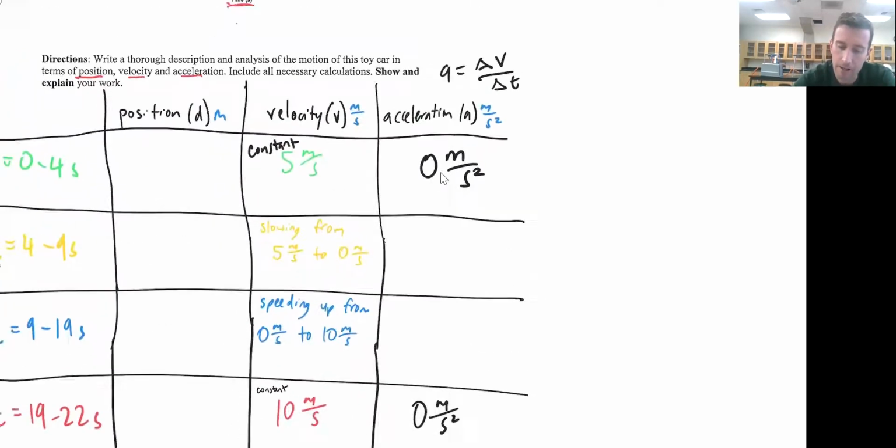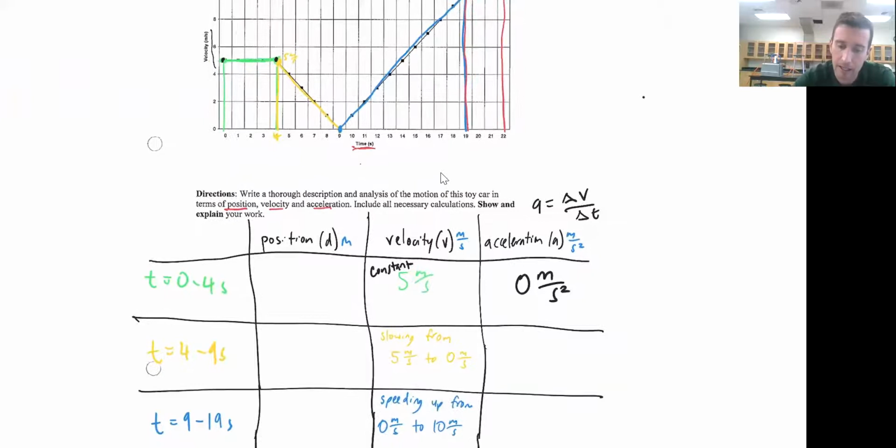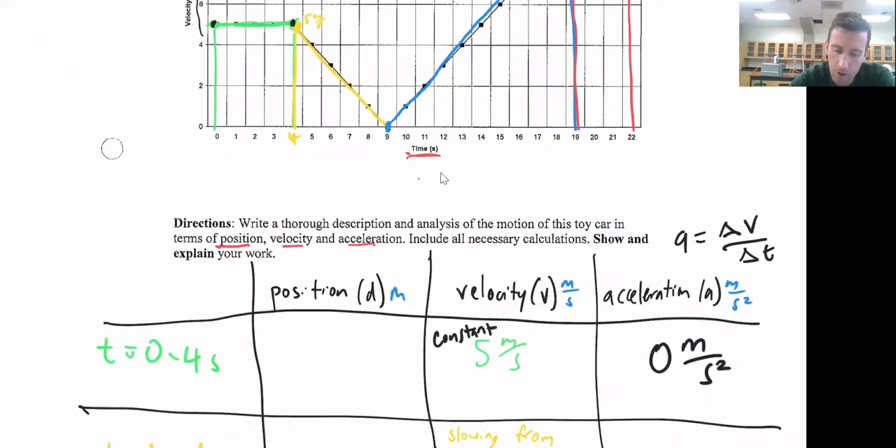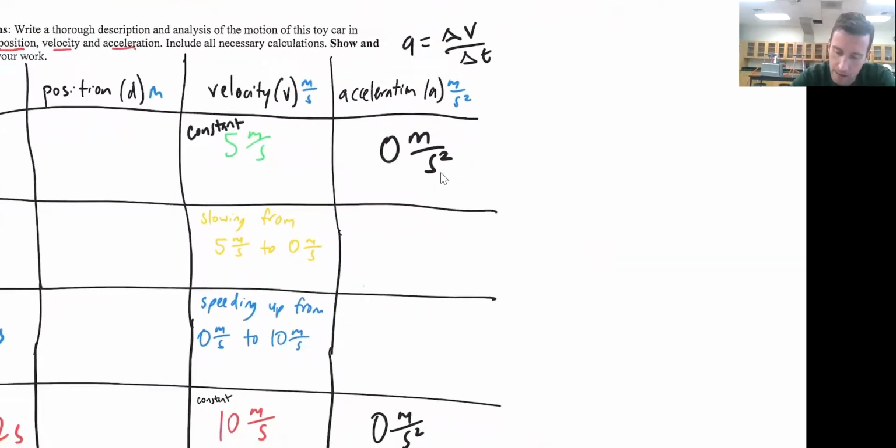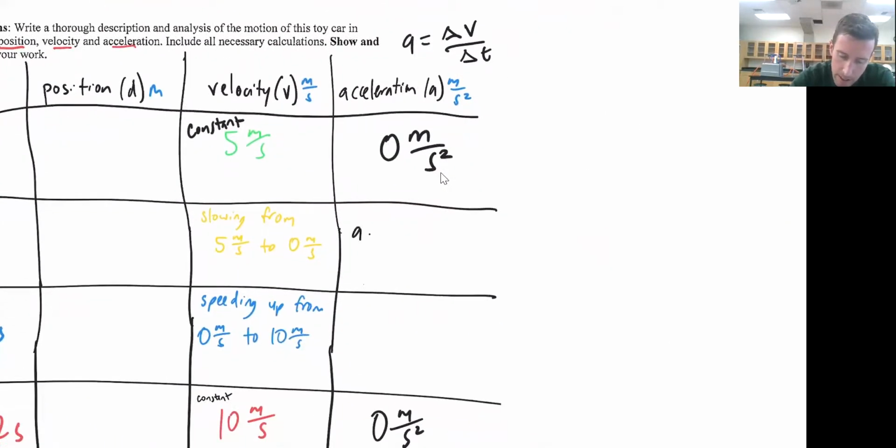Now there are 2 areas where my velocity does change. In here, from 4 to 9 seconds, it goes from 5 down to 0. So my final velocity would be 0. If I were doing the equation, acceleration is equal to the change of velocity over the change of time. It went from 5 down to 0, so 0 minus 5 meters per second, over the time change, 9 seconds minus 4 seconds.